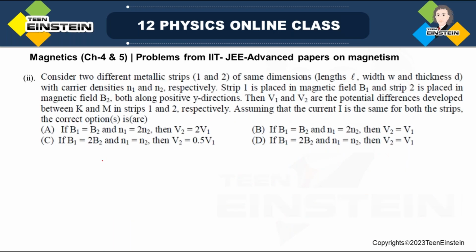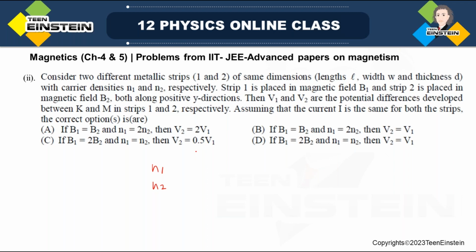To solve this problem, consider two different metallic strips. That means there will be different number density, N1 and N2, of charge carriers. Length, width, and thickness are all the same.